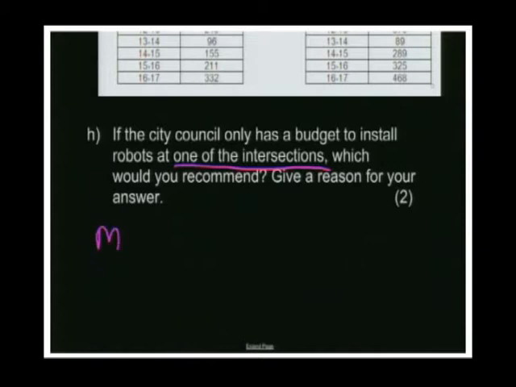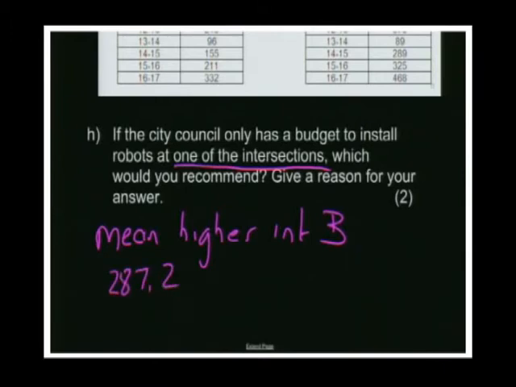I'm going to look at the mean was higher for intersection B than A, and it was quite drastically higher. It was 287.2 compared to 207.2 cars.